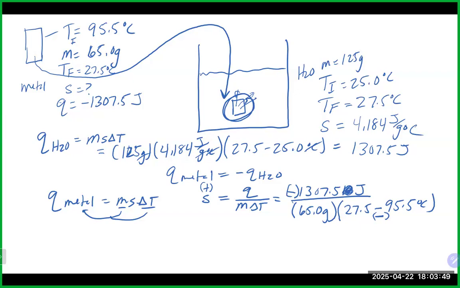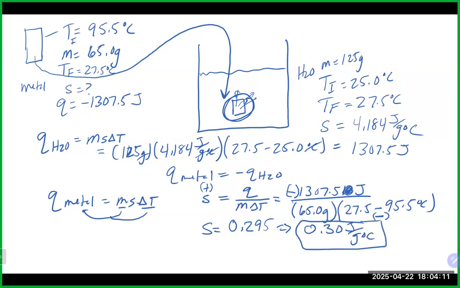And here we go, 65 divided by 27.5 minus 5.5. That is going to give us a specific heat capacity for our metal of 0.295, or 0.30 joules per gram per degree Celsius, as none of that cancels out in this particular case.